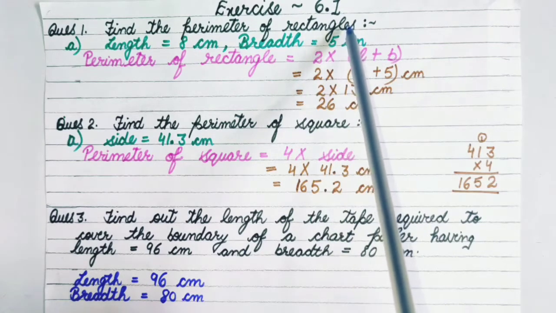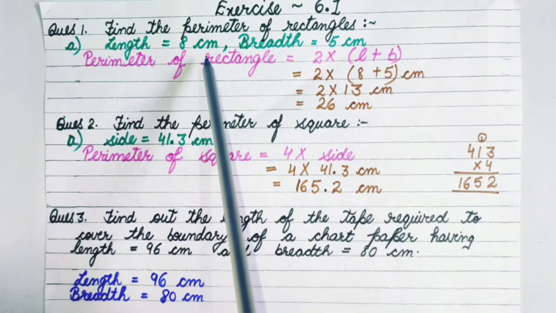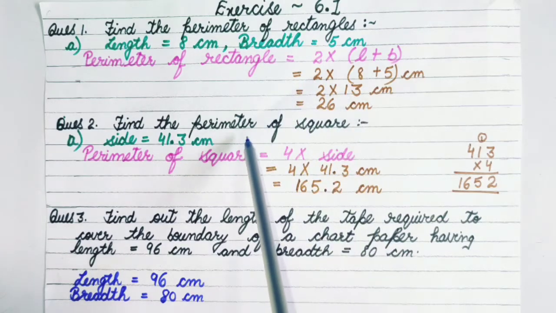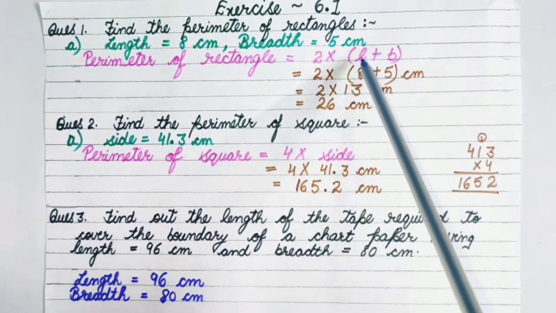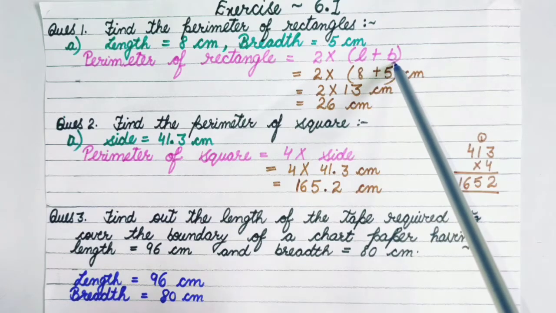In that case also you will find the perimeter. By both options you will get the same answer. I have done all the questions with the help of the formula only, because if you do any question with the formula, no teacher can deduct your marks, right?